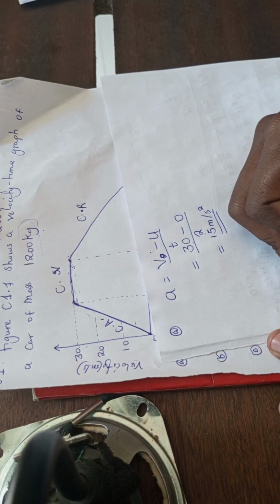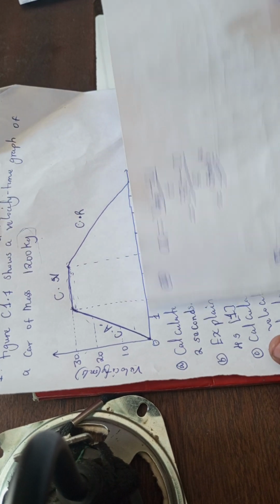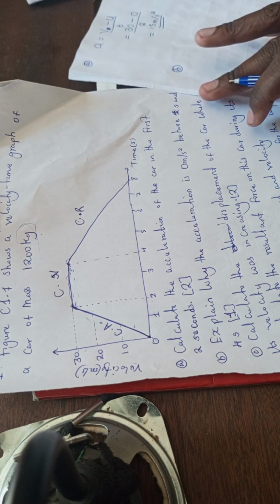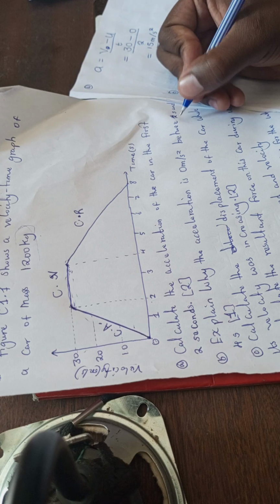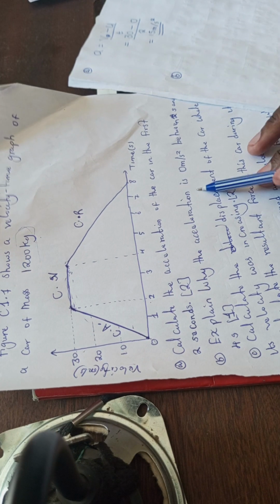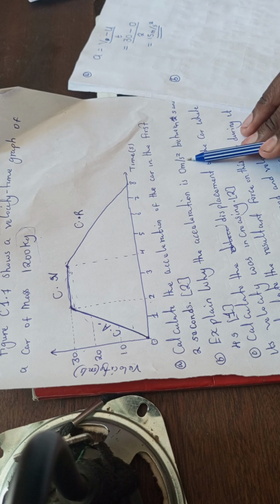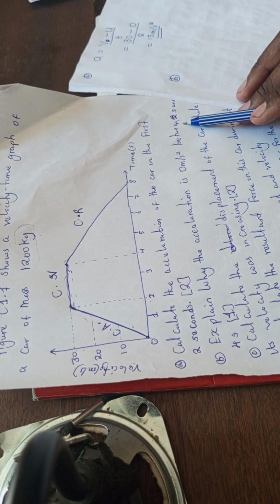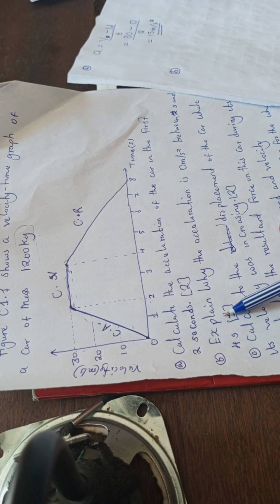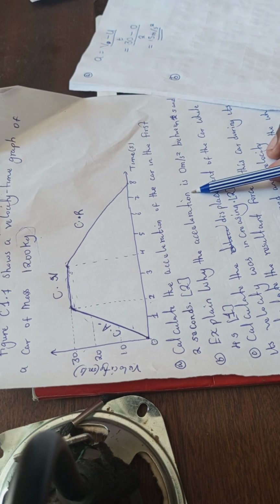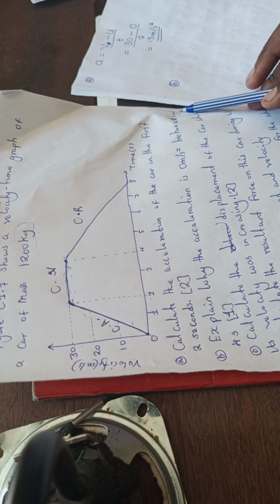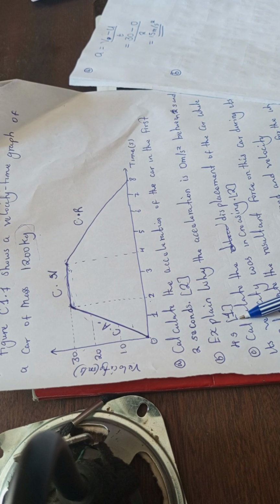Question B. Explain why the acceleration is 0 meters per second squared between 2 seconds and 4 seconds.